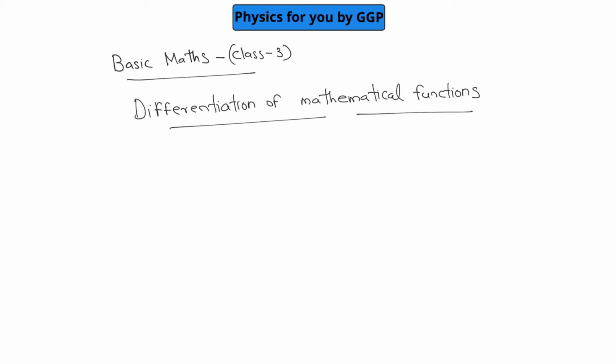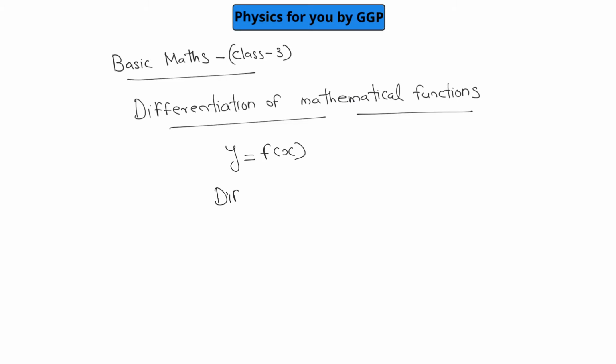So we know that for a function which is represented as y is equal to f of x, if we change the value of x by a very small value, then the value of y is also going to change, and that very small change is known as a differential change. So just remember that this differential change or elemental change is represented by dx, which is nothing but a very small change in the value of x.